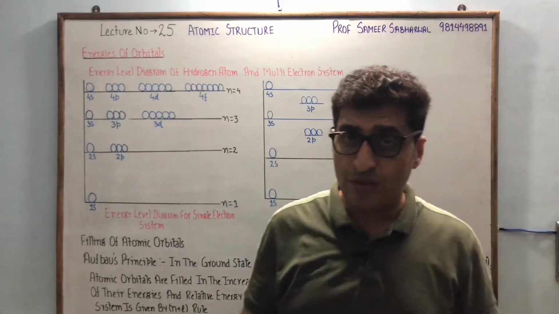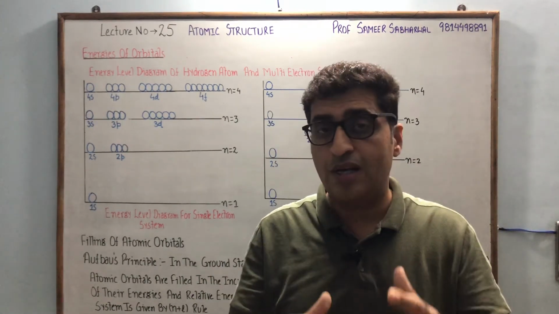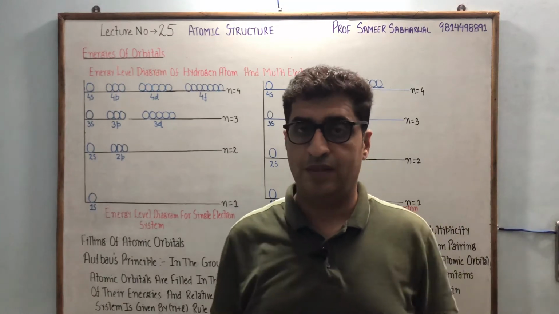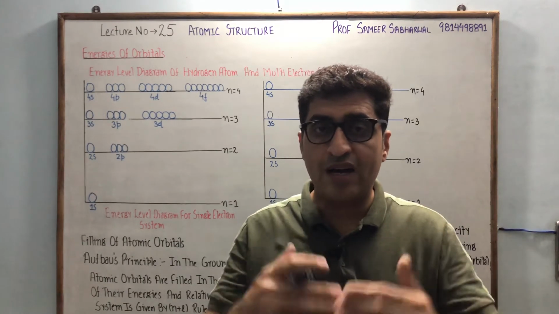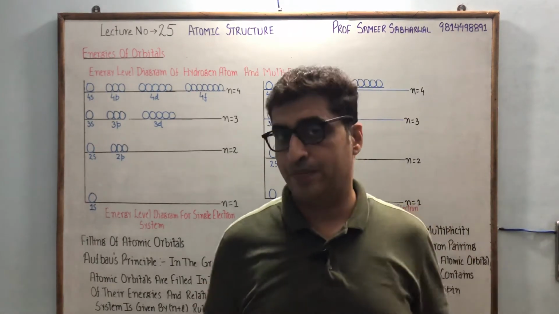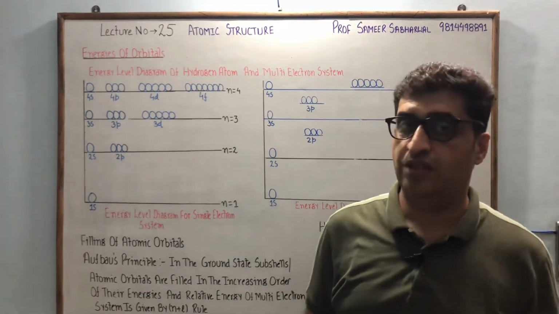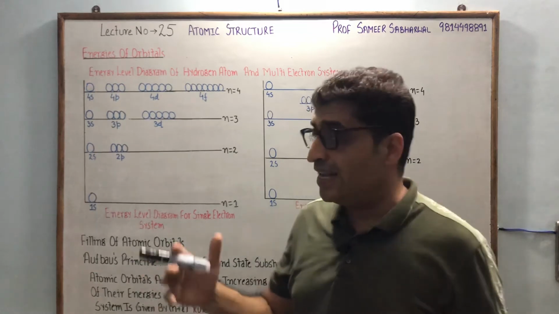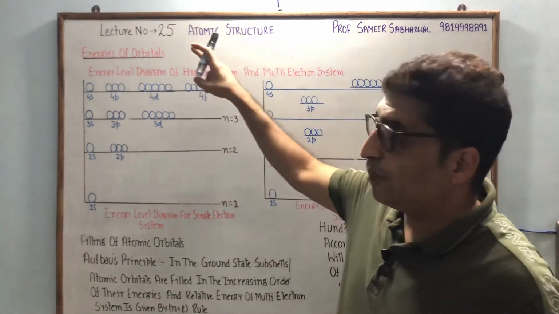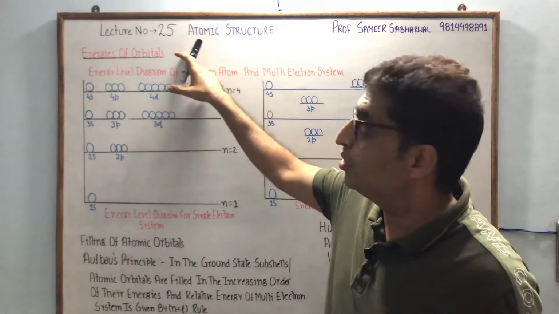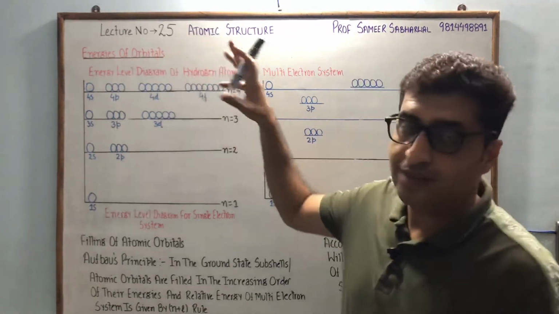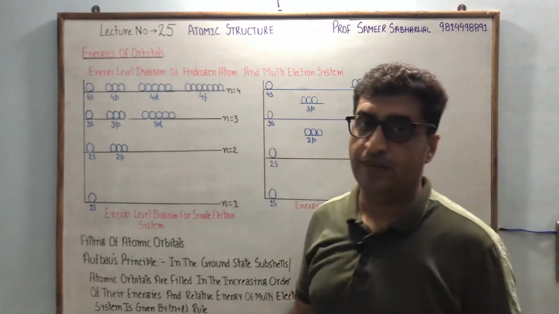Now the next question is that electrons are present in orbitals. How do we arrange them in an atom? In order to answer these questions, I am considering the topic of energies of orbitals. Very useful thing.